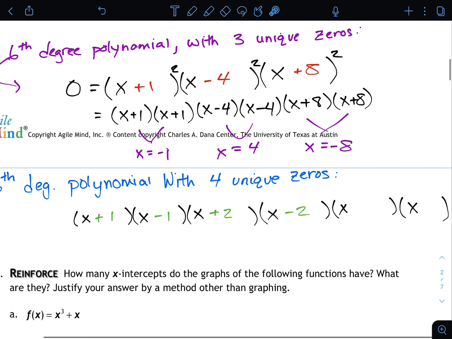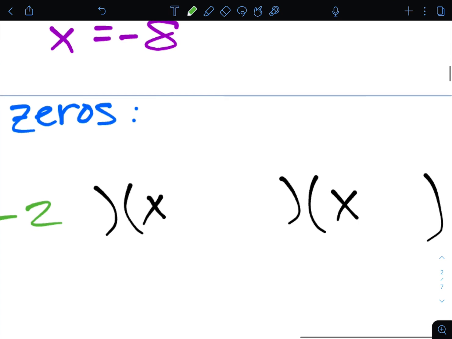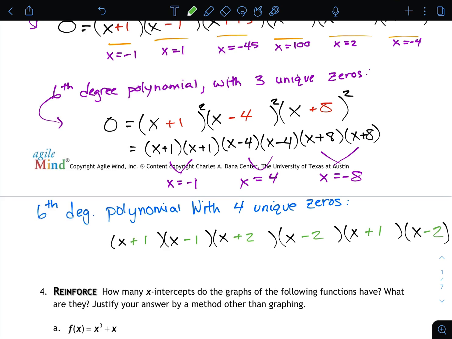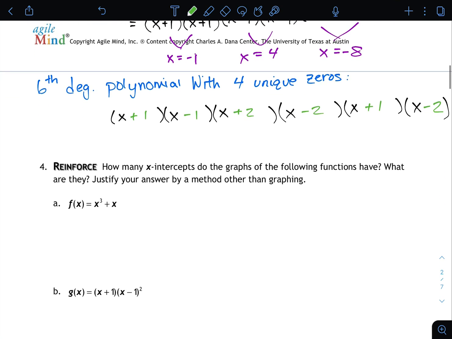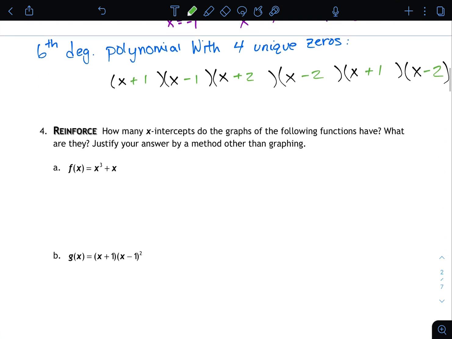So that means for my last 2 groups, I need to repeat somehow. So I can choose which ones I want to repeat. So maybe I'll repeat the x plus 1, and maybe I'll repeat the x minus 2. So this is coming up with a 6th degree polynomial that has 4 unique zeros. I only have 4 unique groups being multiplied together.